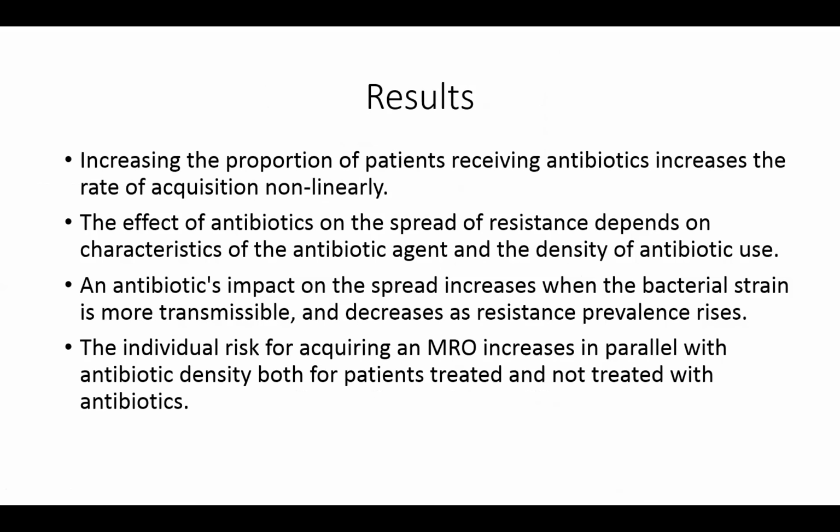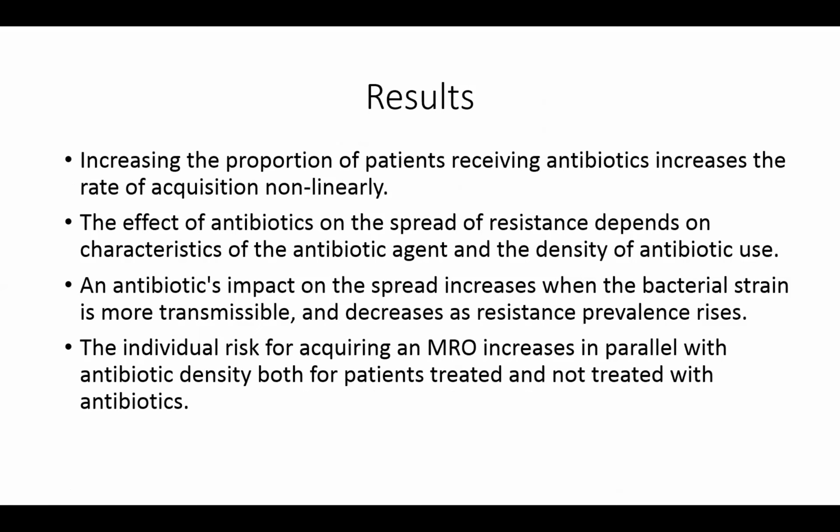So the summary of their results is that increasing the proportion of patients receiving antibiotics increases the rate of acquisition, but in a non-linear fashion. The effect of antibiotics on the spread of resistance depends on the characteristics of the antibiotic agent and on the density of antibiotic use.